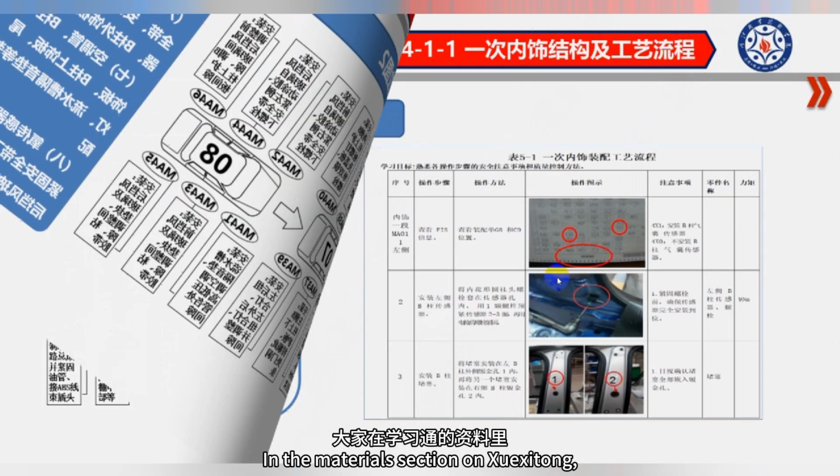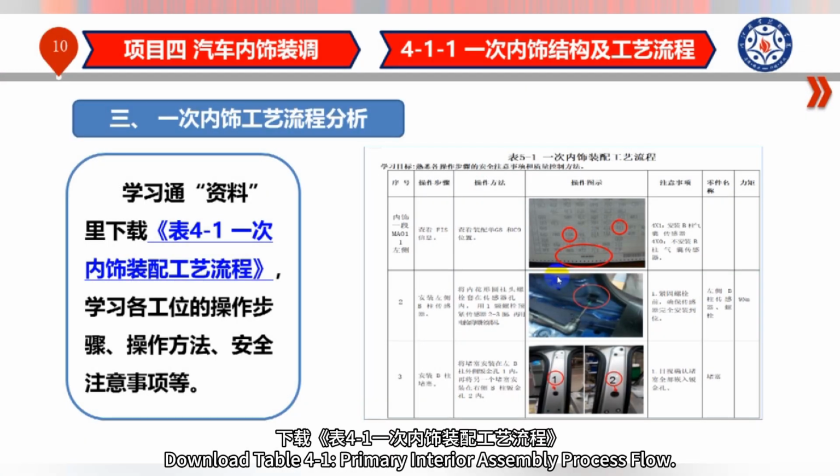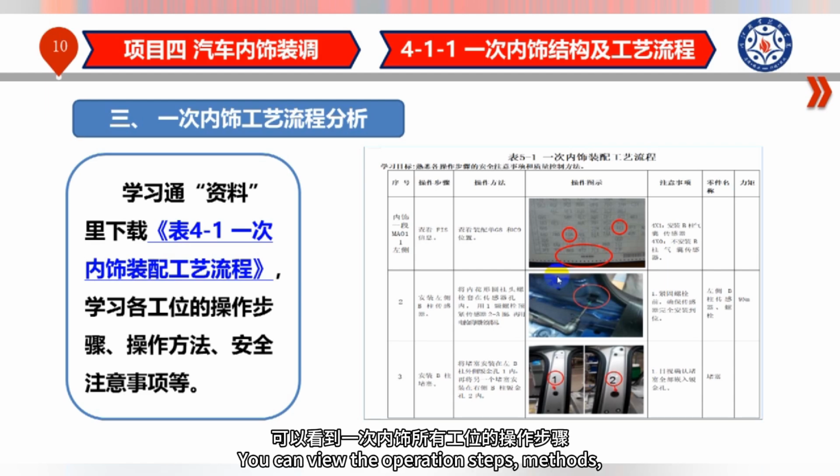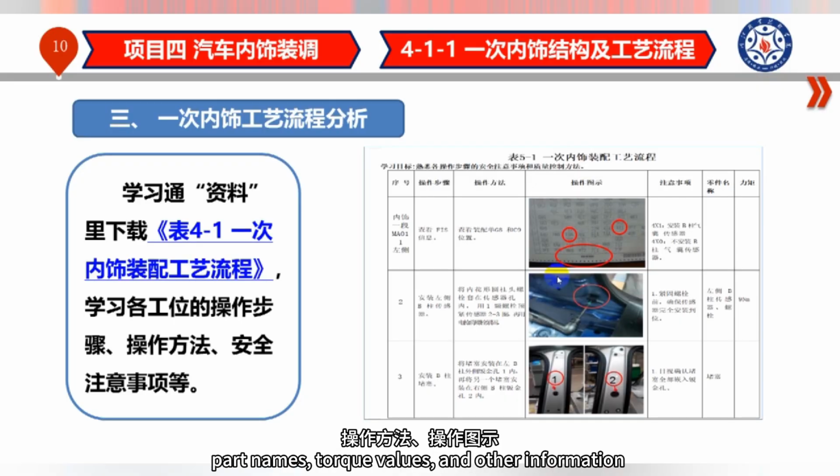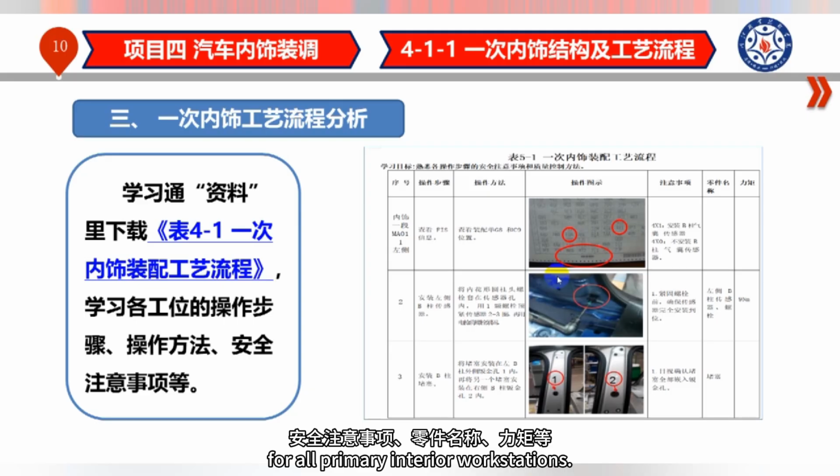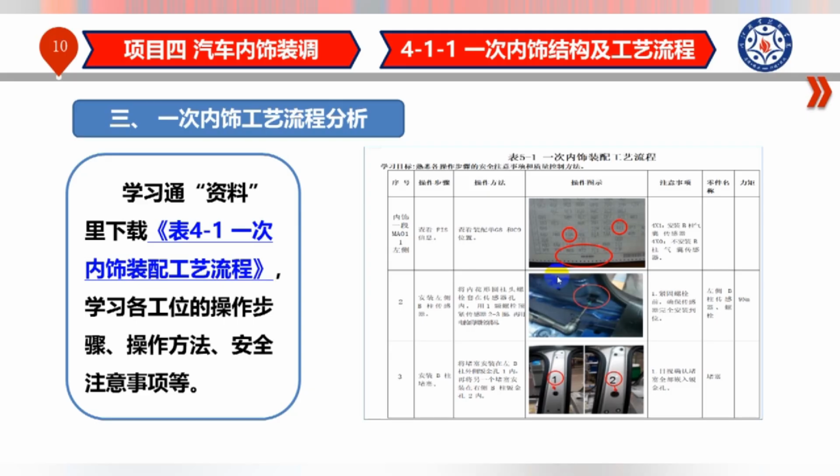In the Materials section on Shishitong, download Table 4:1, Primary Interior Assembly Process Flow. You can view the operation steps, methods, operation diagrams, safety precautions, part names, torque values, and other information for all primary interior workstations.